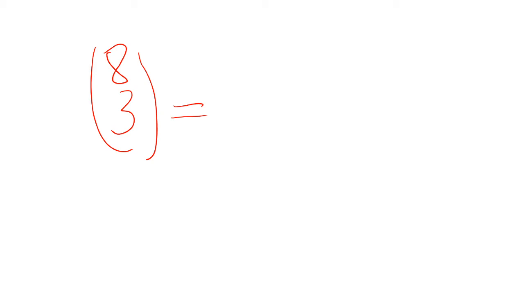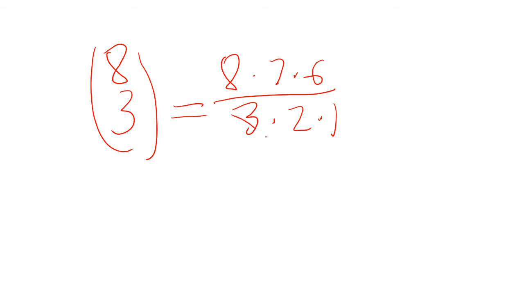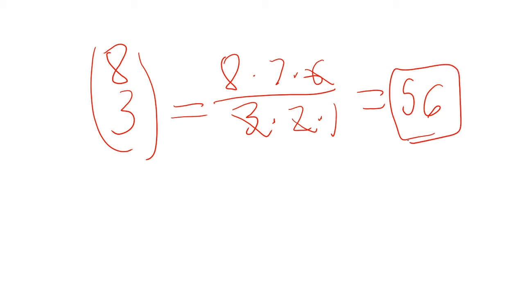We compute this as 8 times 7 times 6 divided by 3 factorial. The 3 and the 2 cancel the 6, and we just have 56 as our answer.